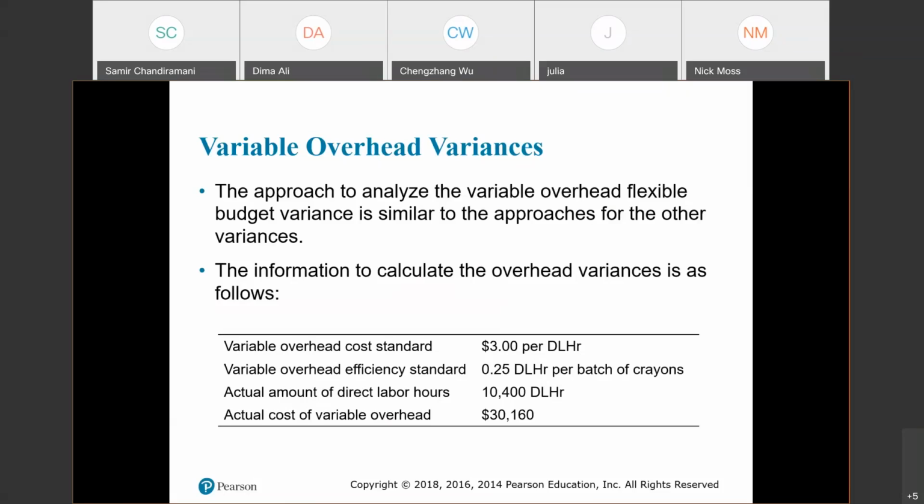The first two entries are the cost standard and the efficiency standard, and the last two entries are the actual direct labor hours and the actual variable overhead cost.